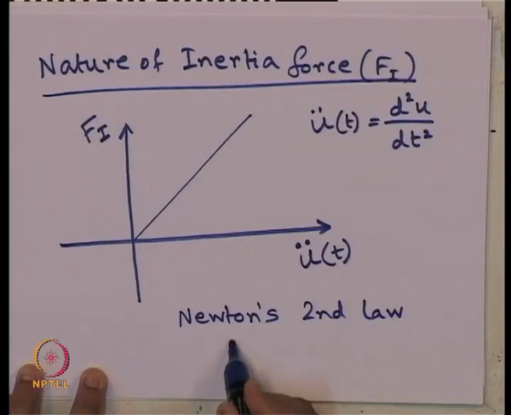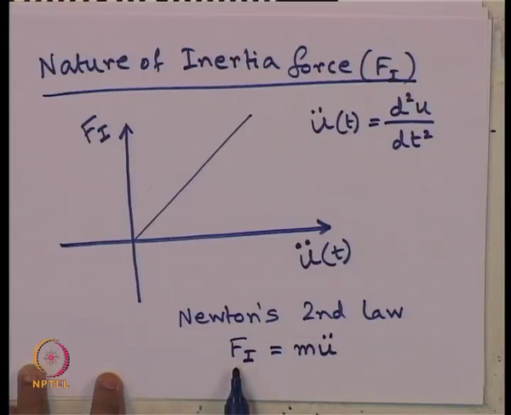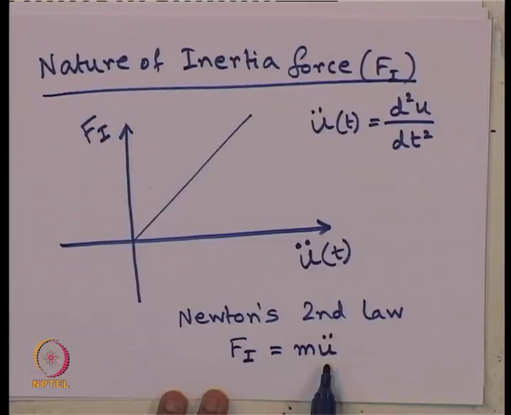It says that F of I equals m u double dot, that is, the inertia force is nothing but mass times the acceleration.